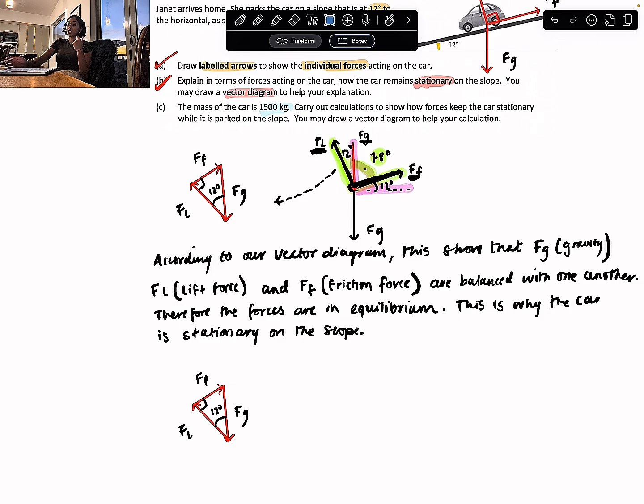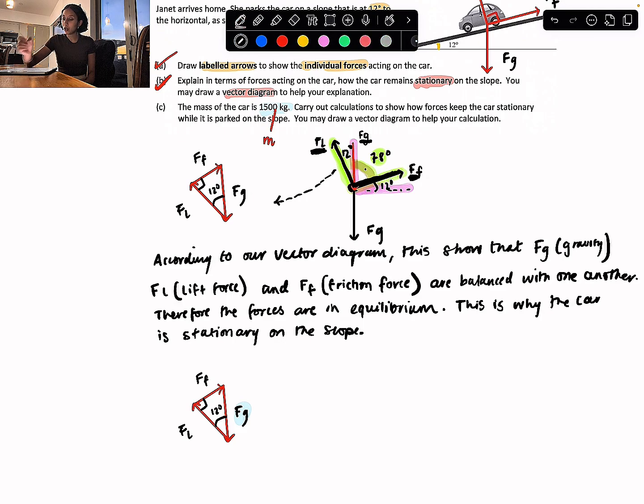Currently, I have 2 angles and no known sides. However, the question gives me some information. It's telling me that the car is 1500 kgs, and this is a mass value. What can I do with a mass value? Well, with a mass value, I can work out the force of gravity.